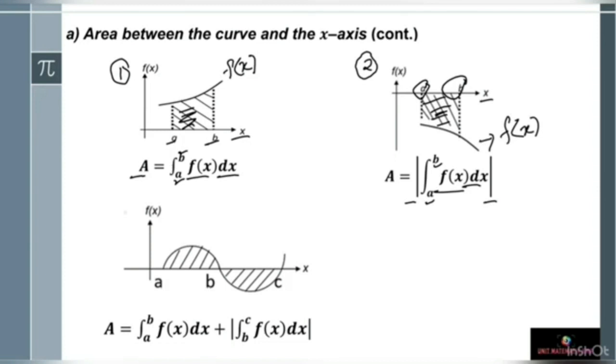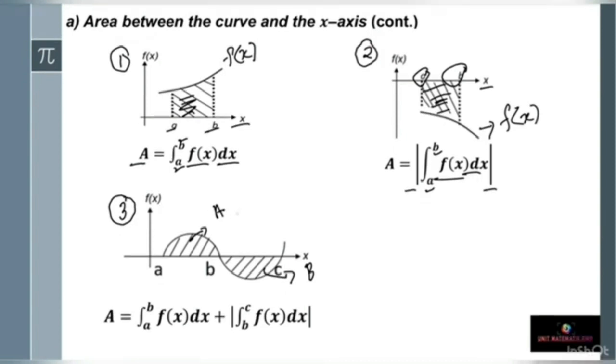And for the third case, we have 2 regions here. Let's say we have region A and region B. To find the area, we have to split the integrations. Region A doesn't need the modulus, region B needs the modulus because it is under the x-axis.